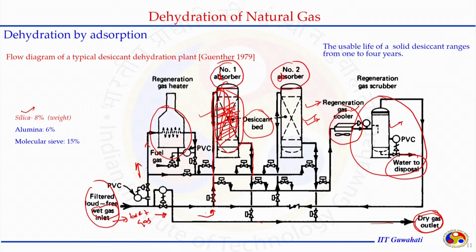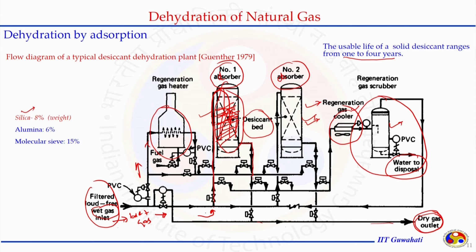The usual life of the packing is around 1 to 4 years, depending on the contamination as well as the water content present in the natural gas going through the dehydration process.